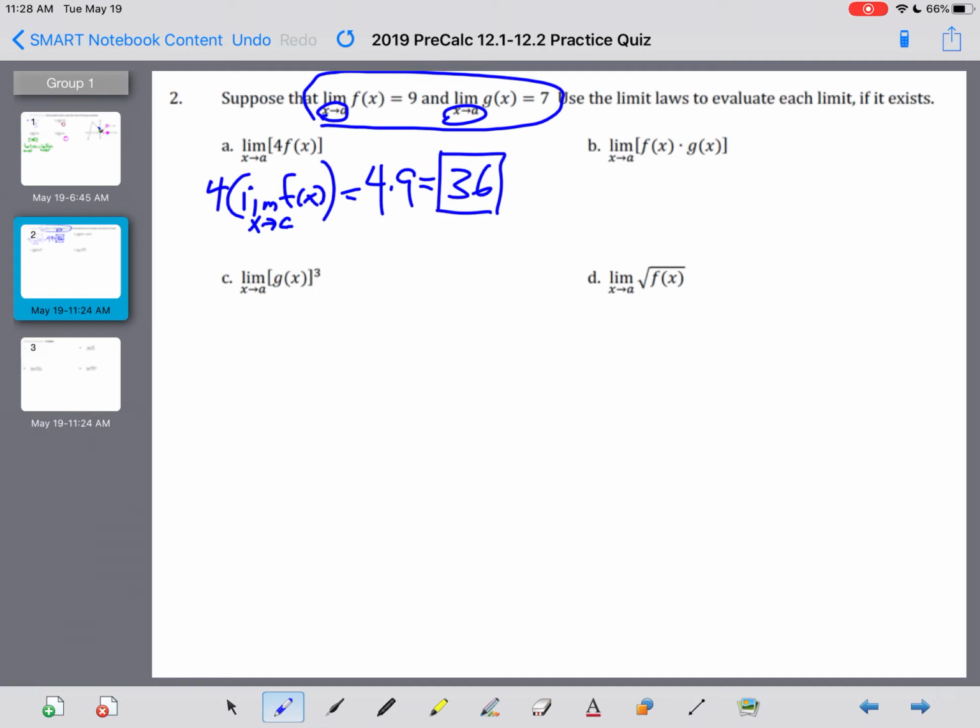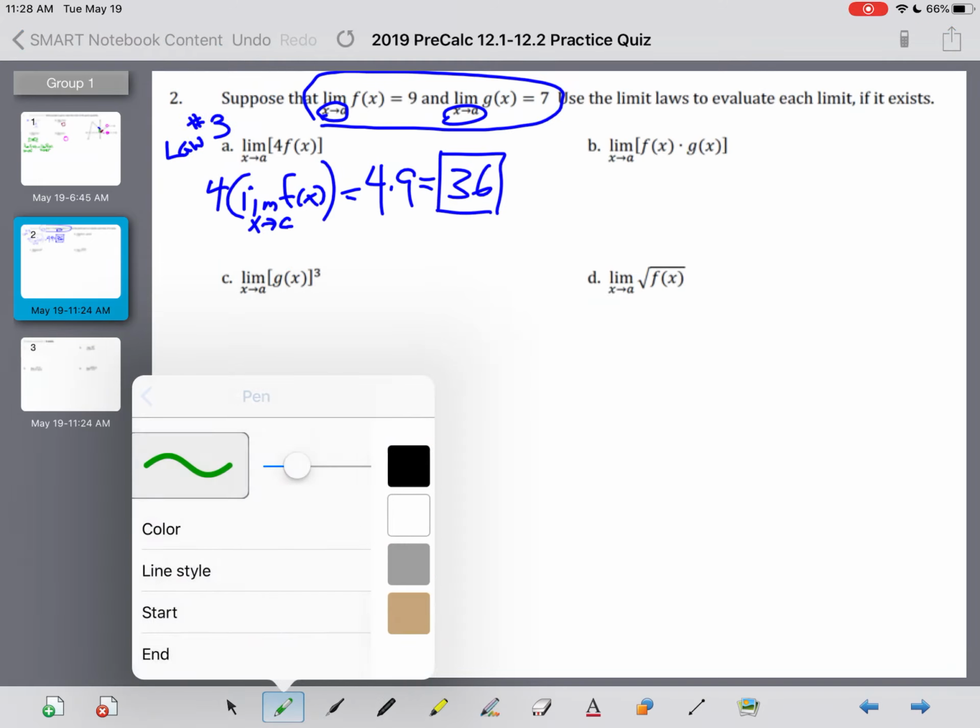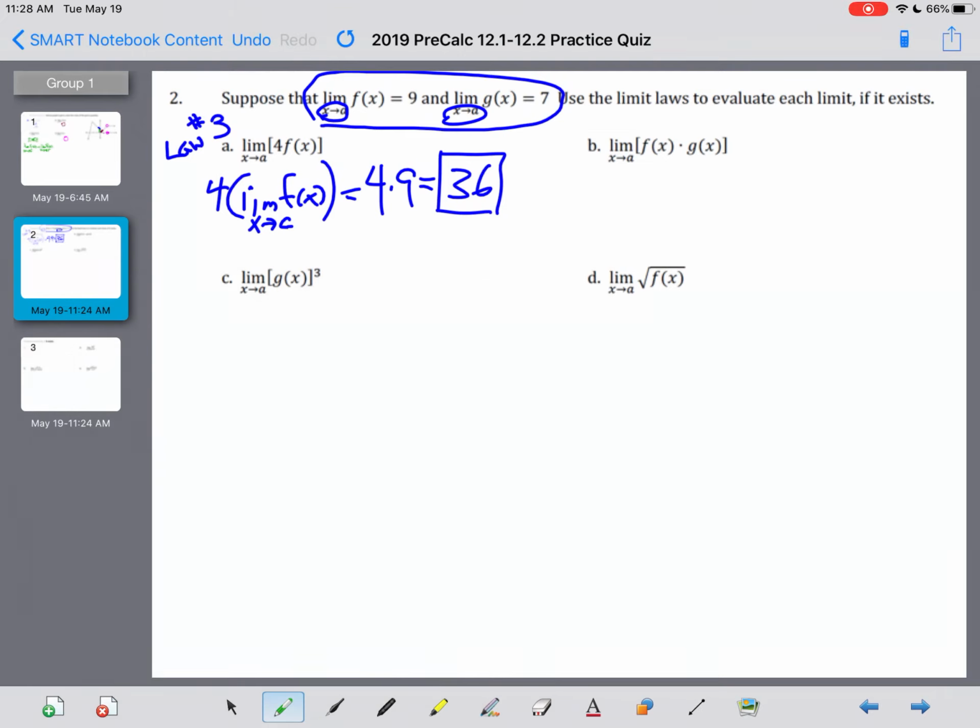And I used law number 3 here. This one here, I have a limit of products, so I can think of this as the limit as x approaches a of f of x times the limit of g of x, g not f, of g of x as x approaches a.